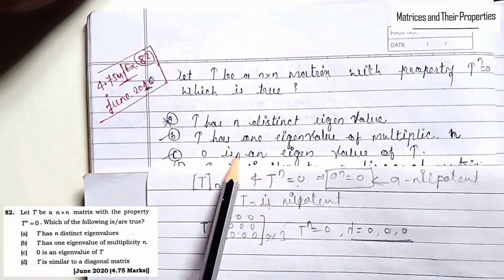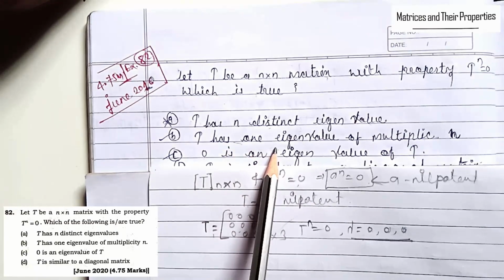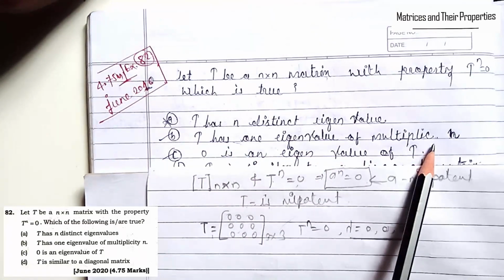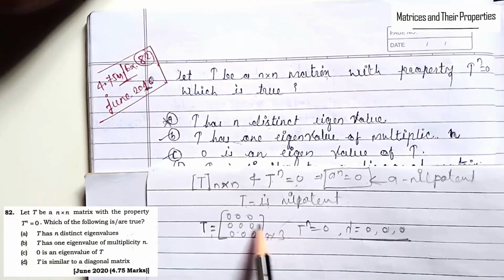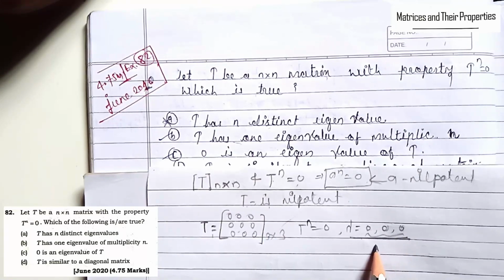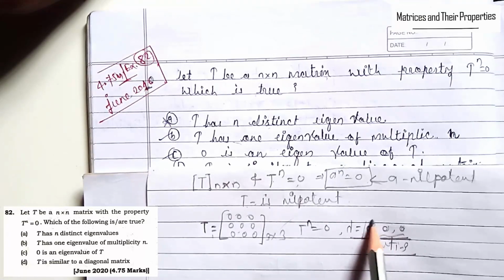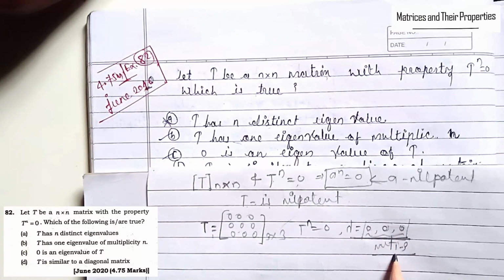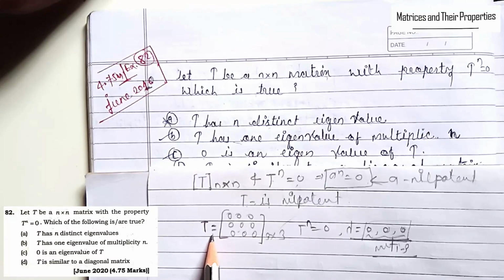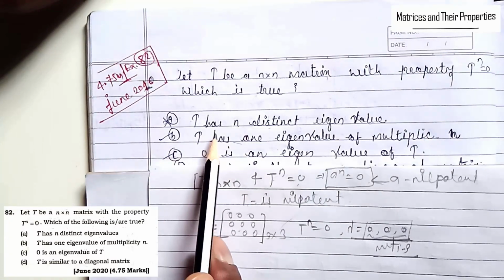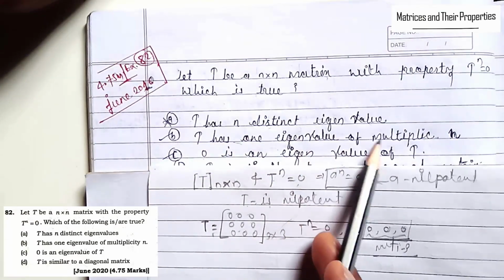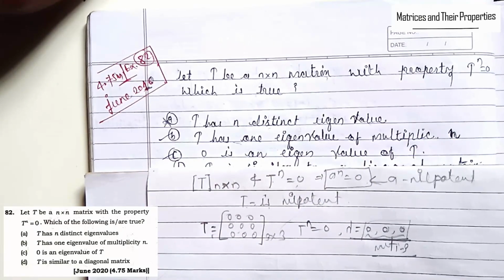Option B says T has one eigenvalue with multiplicity n; here multiplicity n means multiplicity 3, and 0 is the only eigenvalue, with multiplicity 3 for T.